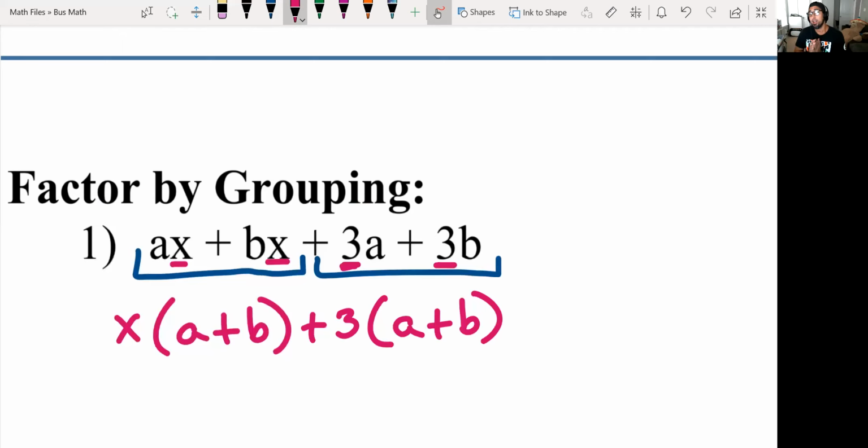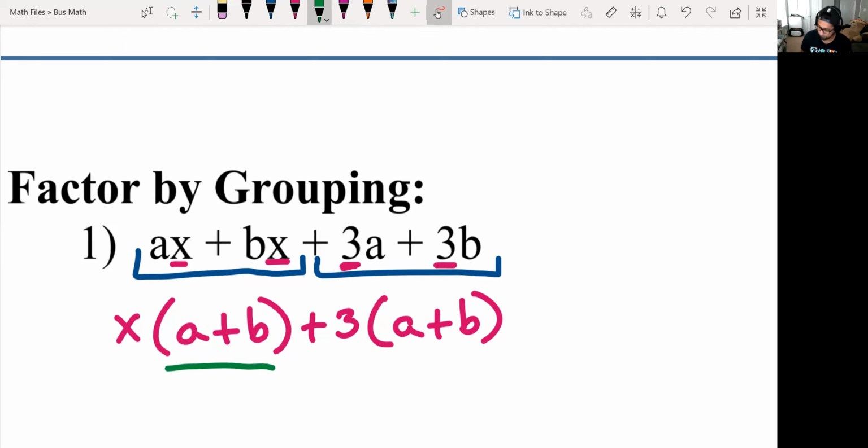Okay. The biggest part of factoring by grouping, well, is factoring and looking for a common factor. So whenever you factor by grouping, after you have completed this first step, we look to see if we have a common factor. So what we want to know is, does this a plus b, right?